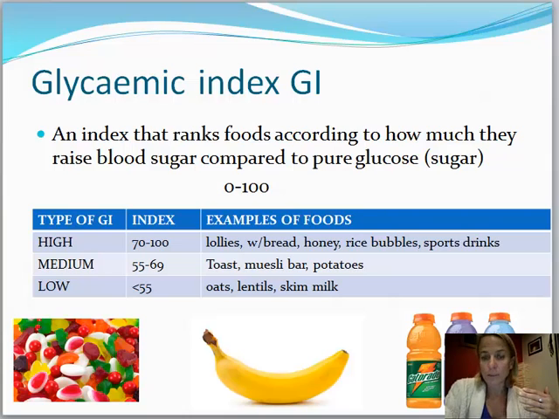You've maybe heard it's better to eat low GI foods because they release sugar into the blood much more slowly, so it doesn't cause spikes in insulin. What happens is you eat sugar, you get sugar in your blood, and then your pancreas goes, oh, it's too much sugar in your blood, and it releases insulin to take it out.